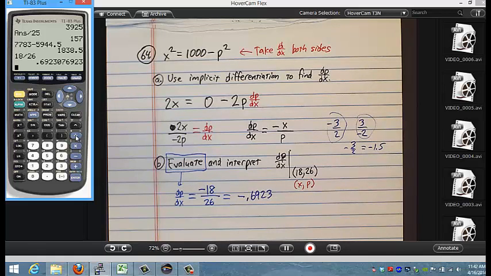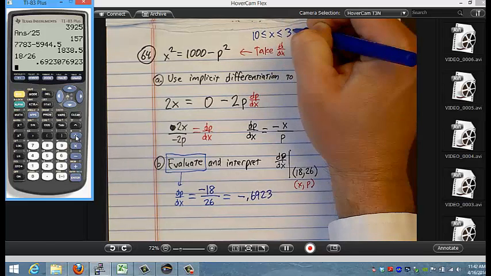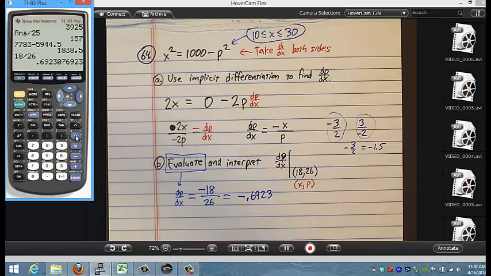And I didn't really say much about that yet. So if I go back up to the original problem, a couple things they told me. They told me that 10 is less than or equal to x is less than or equal to 30. That's the reasonable domain for this model. They tell me that x is the demand for their silk ties in thousands.